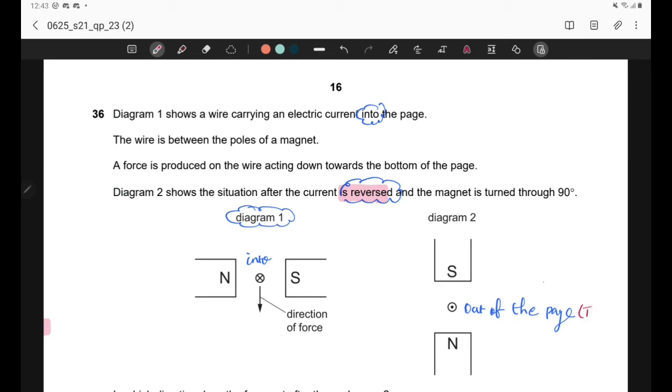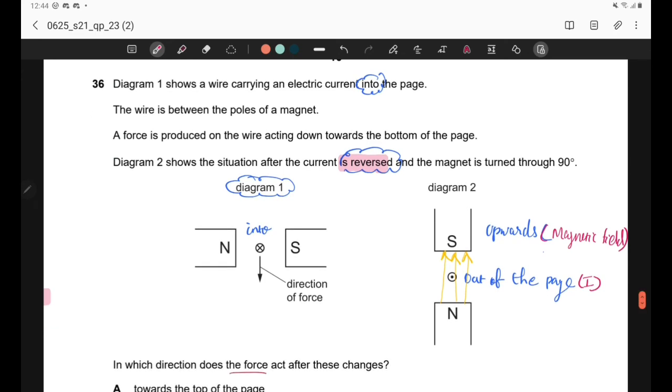And when we look at the magnetic field direction, as the direction is always from north pole to south pole, the magnetic field direction is upwards in diagram 2. So we have the magnetic field direction and the current flow direction, and we need to check what will be the direction of the force.